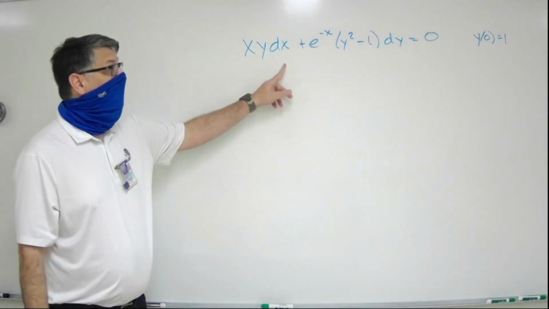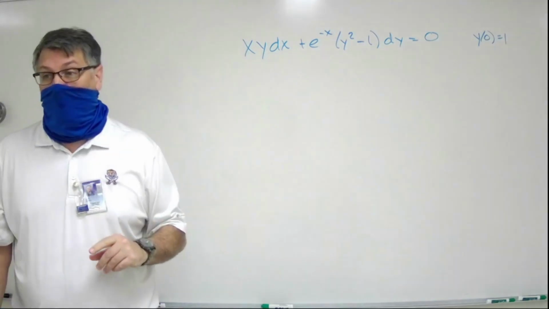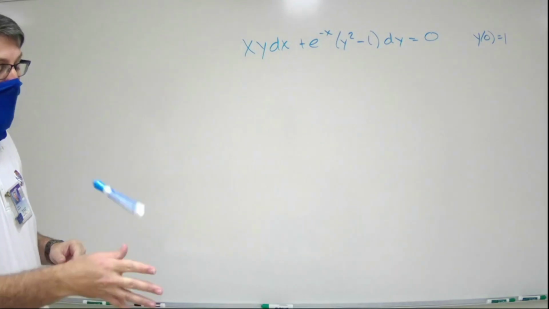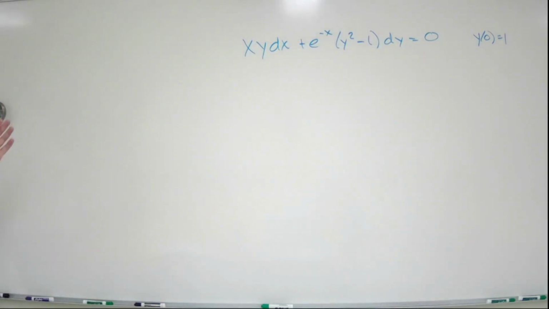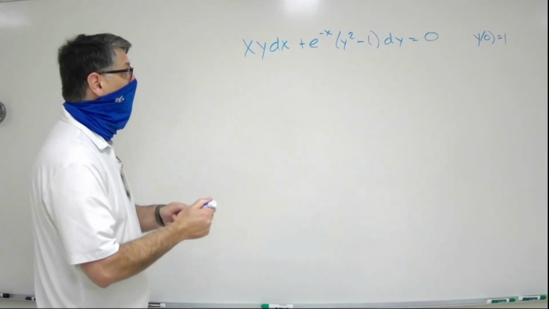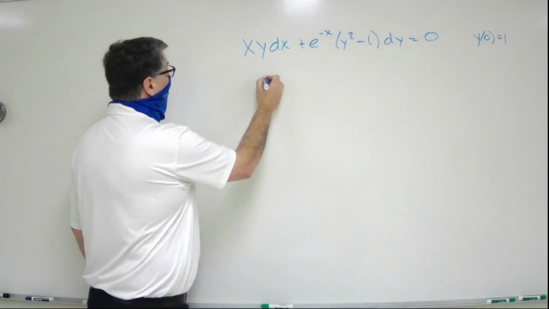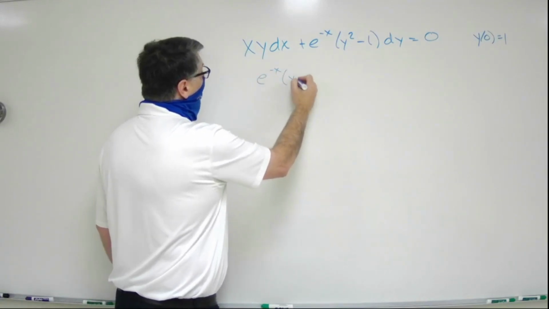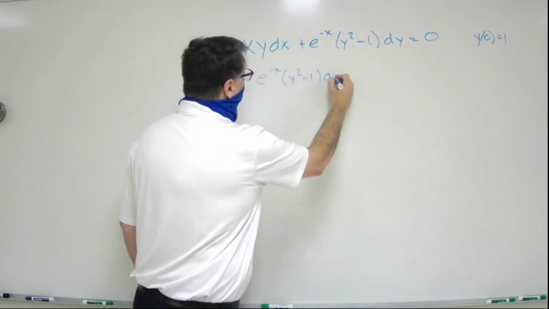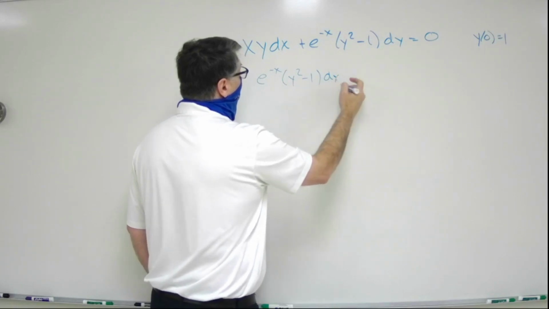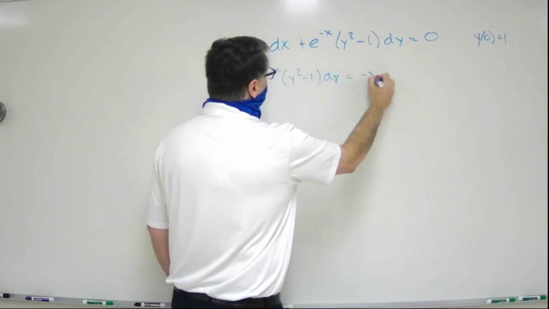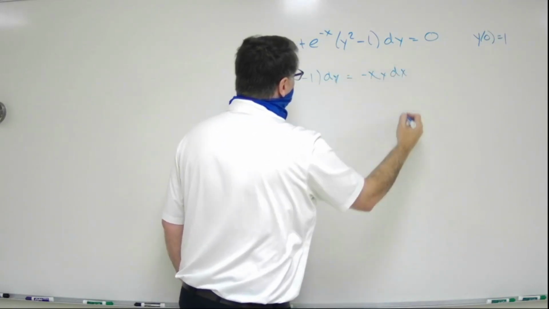So we need to go ahead and solve this by separating variables, do separation of variables. We need to get all of my x's on one side, all of my y's on the other, so we got to do some algebraic manipulation. I'm going to do the same thing. I'm going to subtract the xy dx. I'm going to have e to the negative x, y squared minus 1 dy equals negative xy dx.